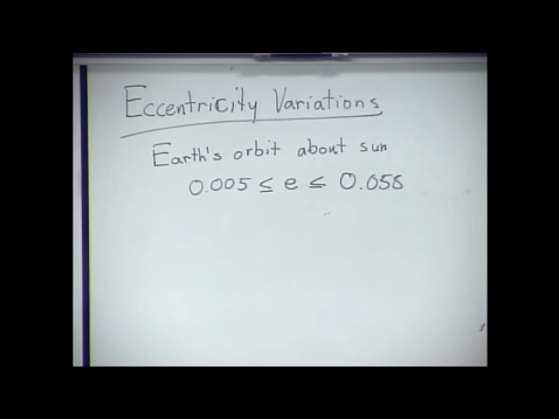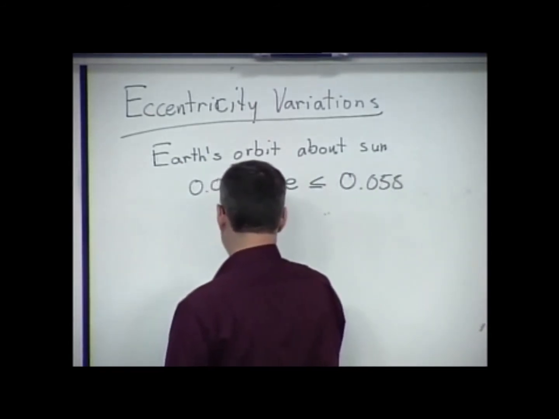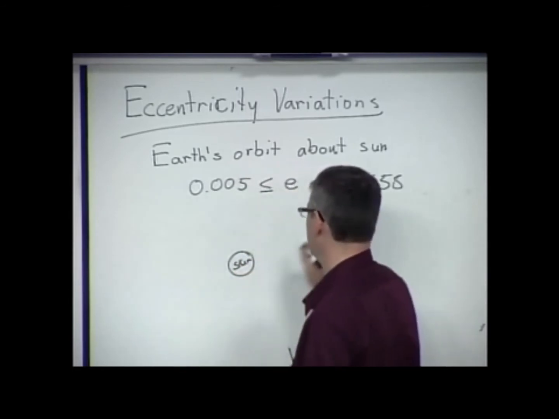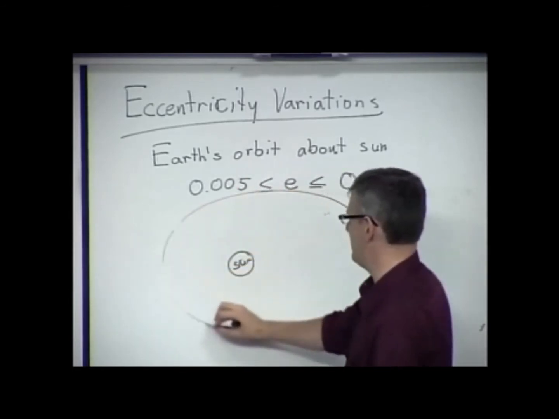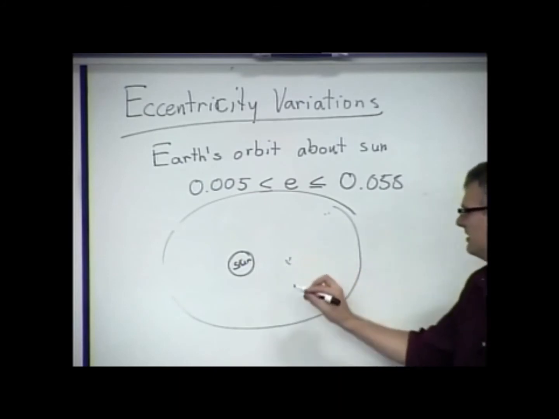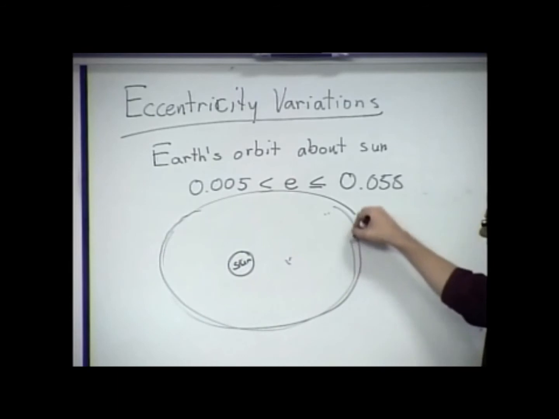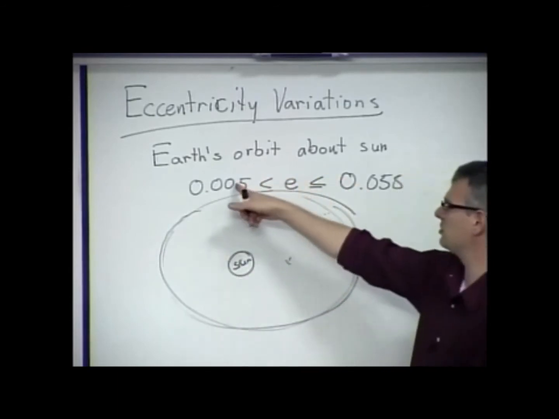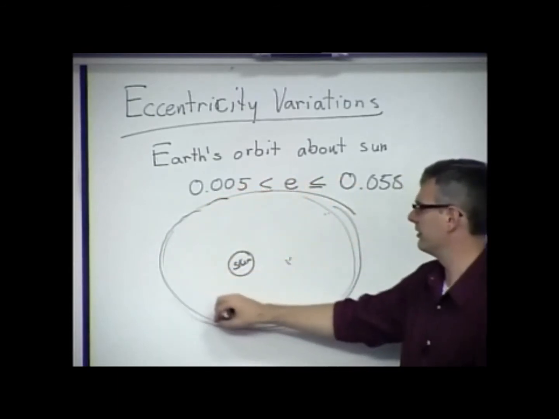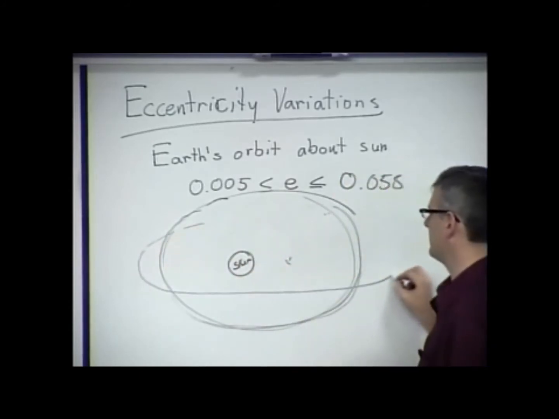of accumulated distance. Now let's sketch this out for a second. The sun goes on one of the foci. I'm going to exaggerate the eccentricity to make a point here. Here's the other focus. The Earth is going to be on this elliptical path. Sometimes it's going to be perfectly circular, and other times it's going to be a little bit more eccentric.